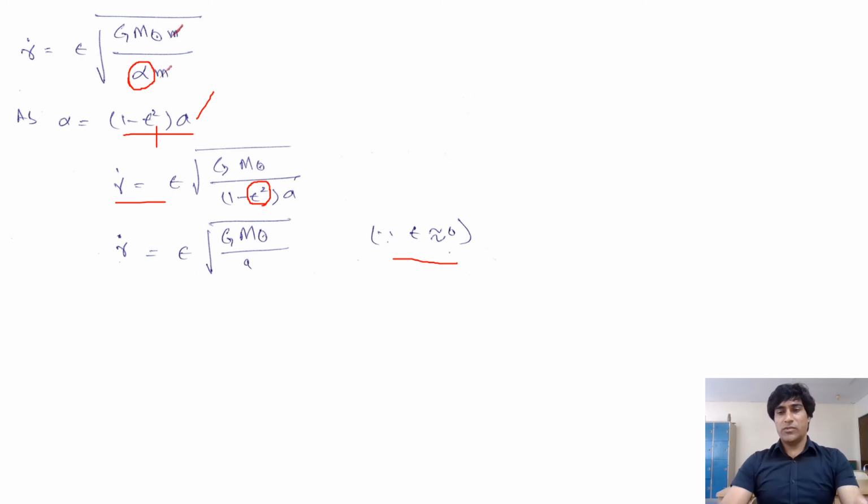In order to calculate the Earth's velocity that they asked at the start of the problem, you have to put in the values. You know the value of eccentricity, it is given, and this is capital G, this is the mass of the sun. You just need to put these values and you will get the velocity. So this was all about problem 6.8.